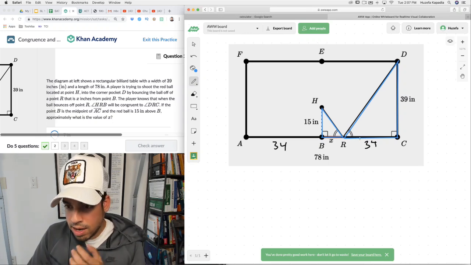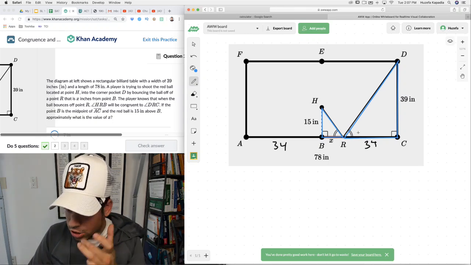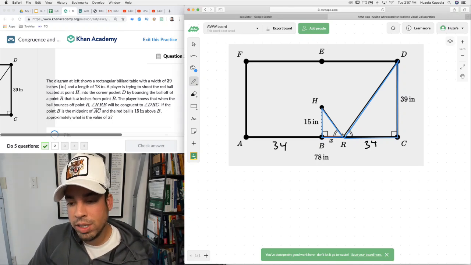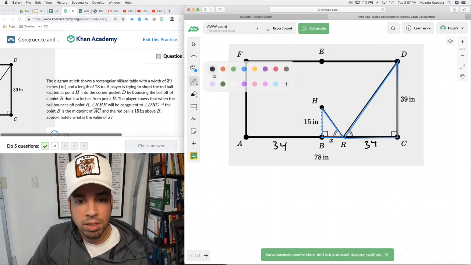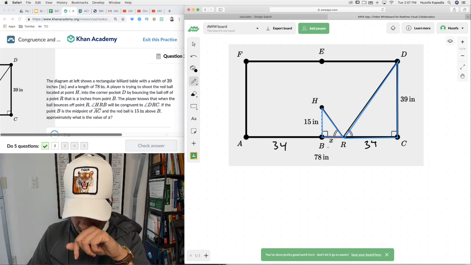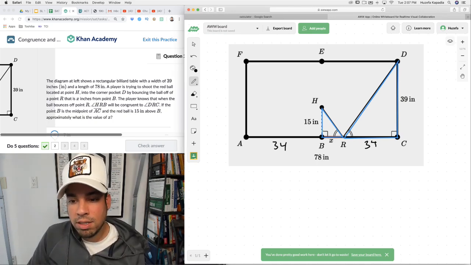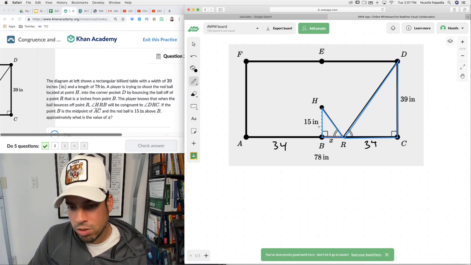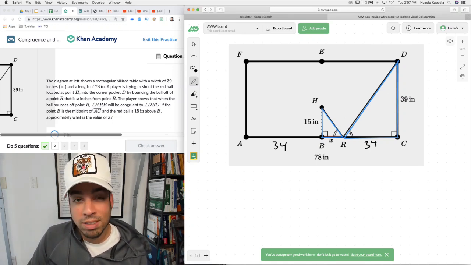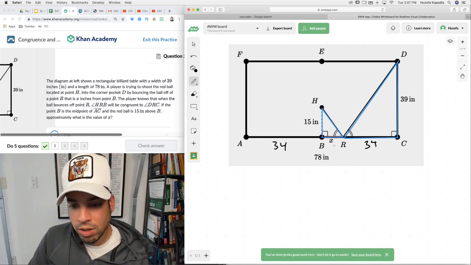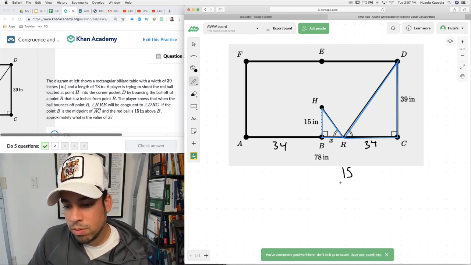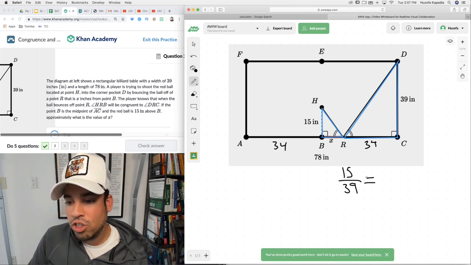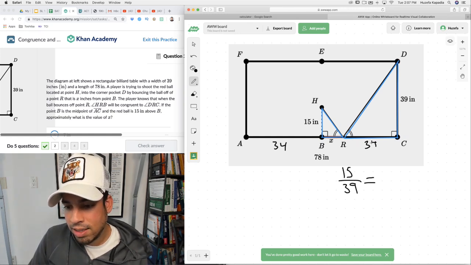Now we can probably set up a proportion to equate these two triangles. I'm going to consider this my little triangle, this my big triangle. These hypotenuses are not equal, but similar, and we don't care about those. They're corresponding. So for the little triangle, 15 corresponds to the big triangle's 39.